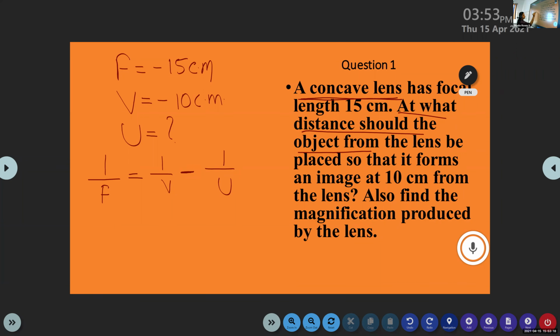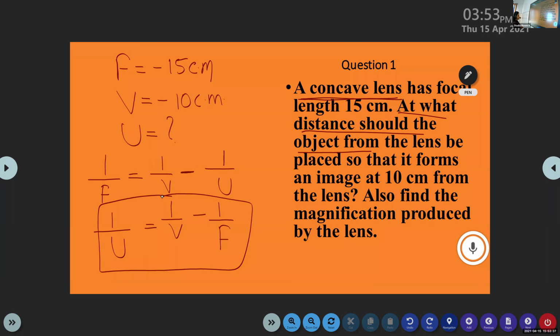So we can take this 1 by U to this side, so it becomes positive. That is 1 by U is equal to 1 by V minus 1 by F. You just rearrange the lens formula, then only you get the equation like this.